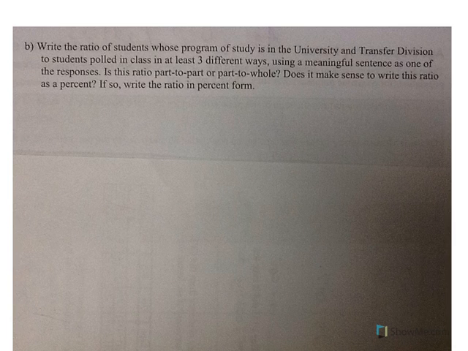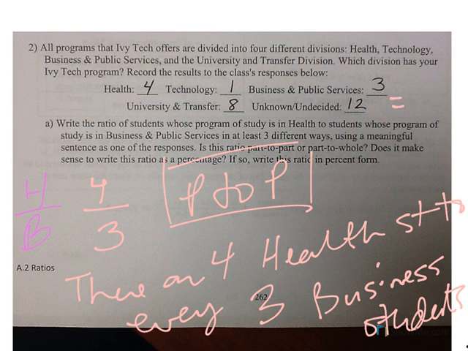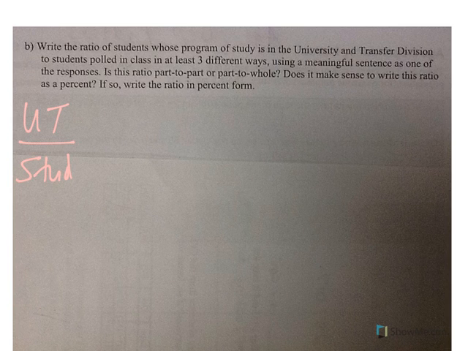All right. Part B. Let's write the ratio of university transfer to the total students. Well, if we add these all up, we see there are 28 total. 8 are university transfer. So we're going to go 8 to 28. That actually reduces down to 2/7 because they're both reducible by 4.